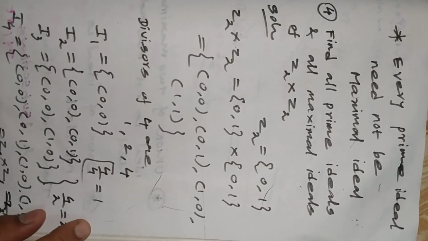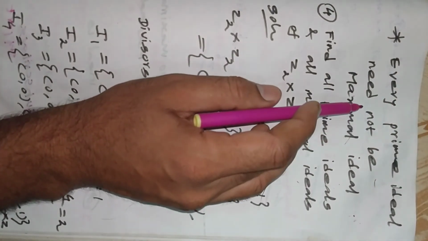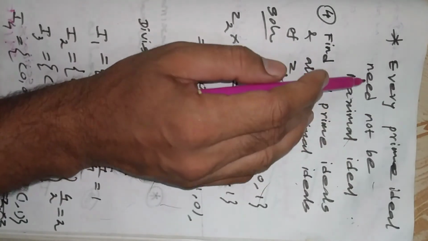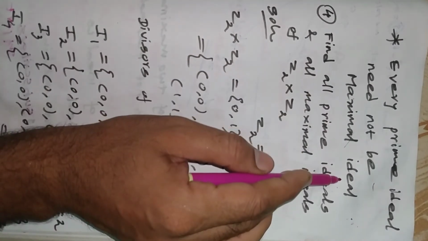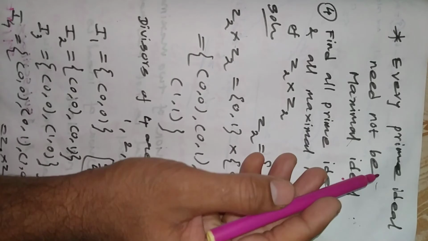So from the third problem, we have one beautiful result. Every prime ideal need not be a maximal ideal. Just now we have seen every maximal ideal is a prime ideal.